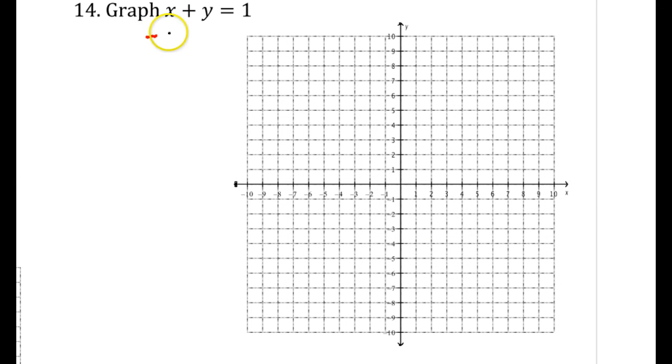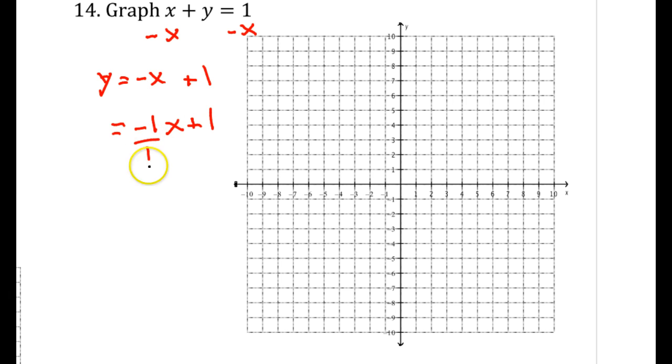Just a little more practice, it's the same. But if there's no number there, we have to know what's the implied slope here. So negative is the same as negative 1. Negative 1 is the same as negative 1 over 1. Now we can graph.